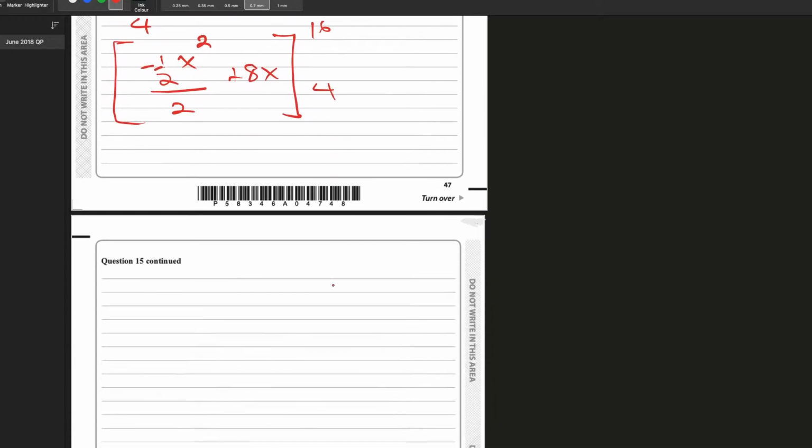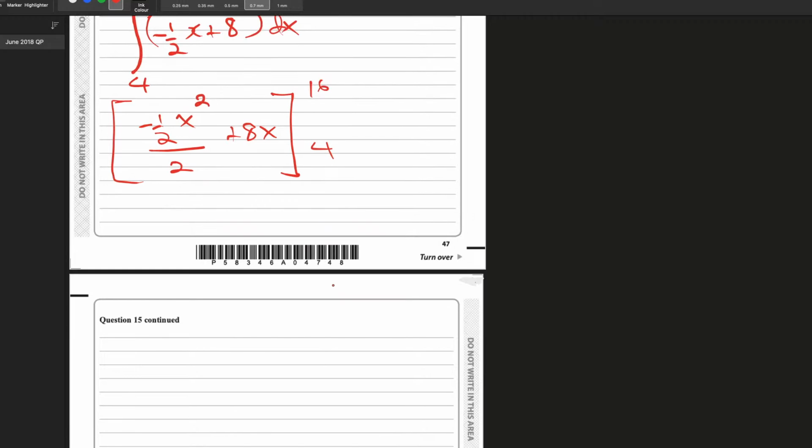When we put the limits in, it's going to be minus half into bracket 16 squared all over 2 plus 8 into bracket 16, and we subtract all this from minus half into bracket 4 squared over 2 plus 8 times 4.